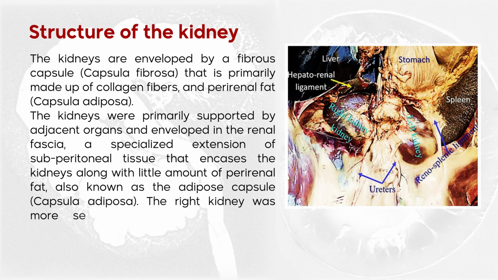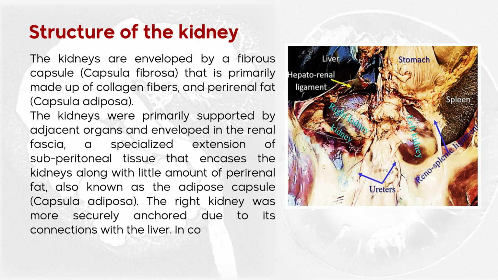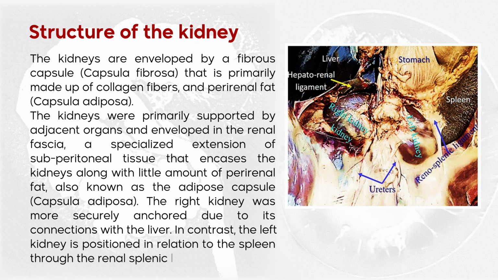The right kidney was more securely anchored due to its connections with the liver. In contrast, the left kidney is positioned in relation to the spleen through the renal splenic ligament.